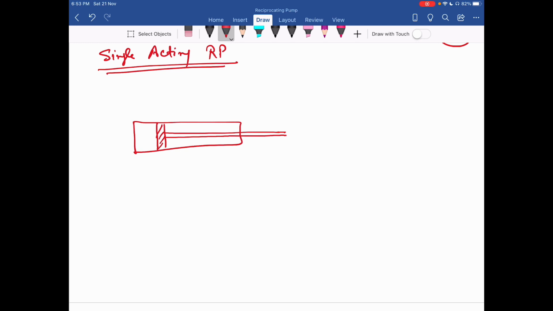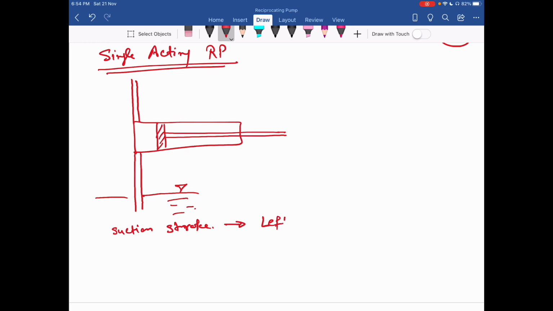Okay, so here I have the delivery pipe and here I have the suction pipe. So this is my sump. Now during suction stroke, the piston moves from left to right.